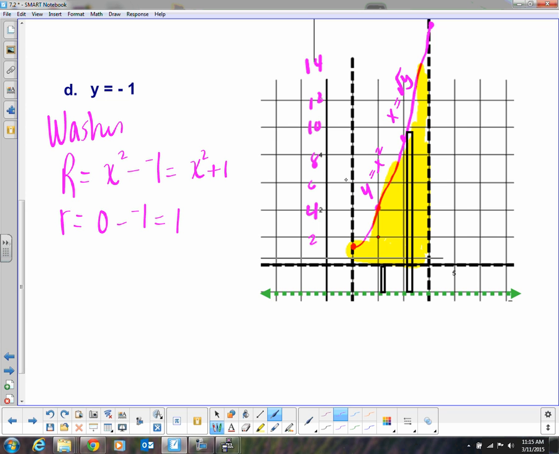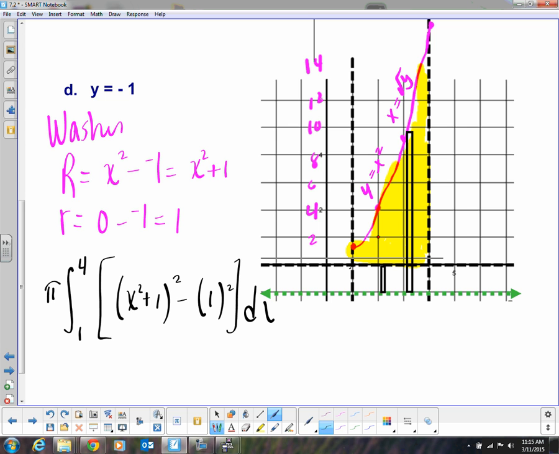All right, I can't even tell you how much simpler this is than the way I used to teach it. All right, so we're going to do pi times the integral from, we're looking along the x-axis, this is 1 to 4, of large radius, which is x squared plus 1 what? Squared minus your small radius, squared, dx.